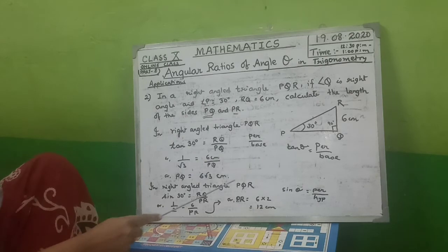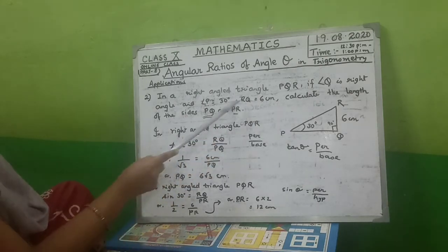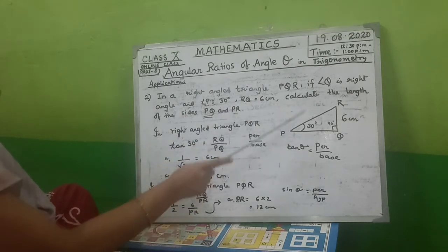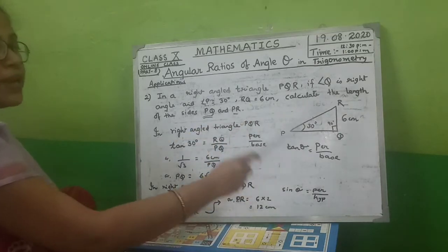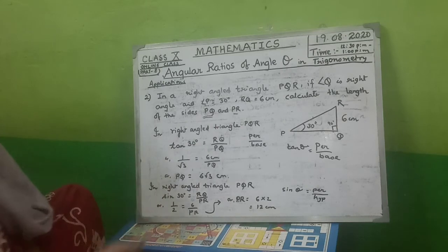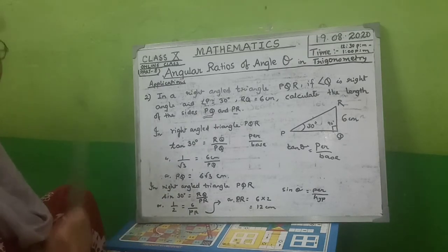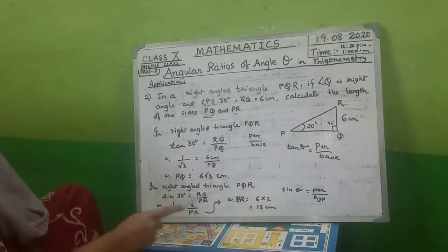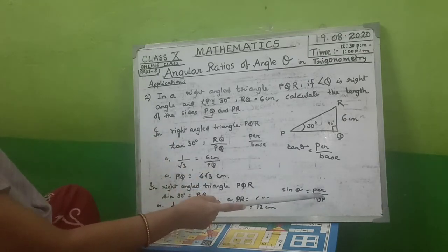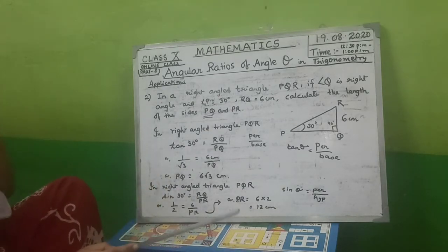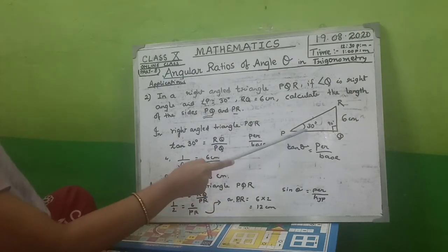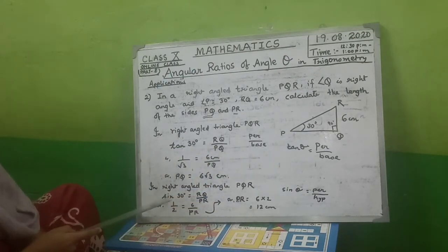Again in right angle triangle PQR, we have to find this side. Which side? The hypotenuse. Perpendicular is given to you, hypotenuse. In which ratio do these two things come? In sin theta and cosec theta. We'll apply with sin theta. Sin theta is perpendicular by hypotenuse. So instead of theta we'll write 30.